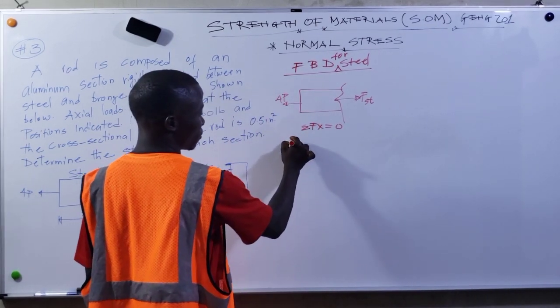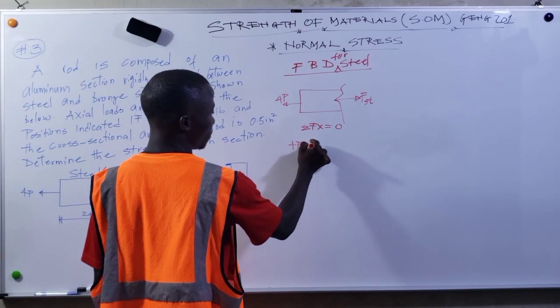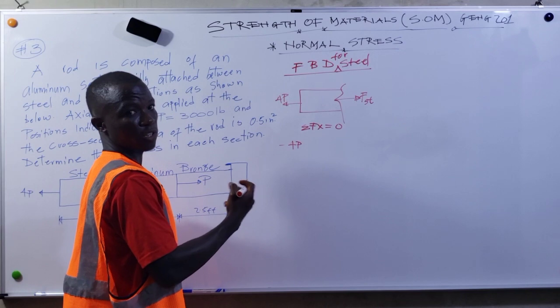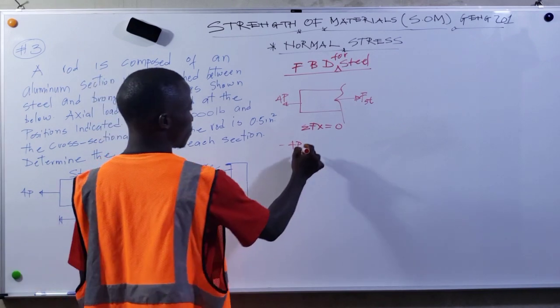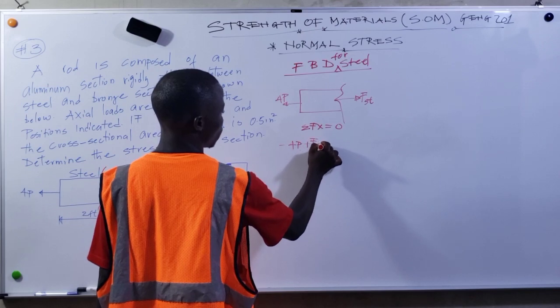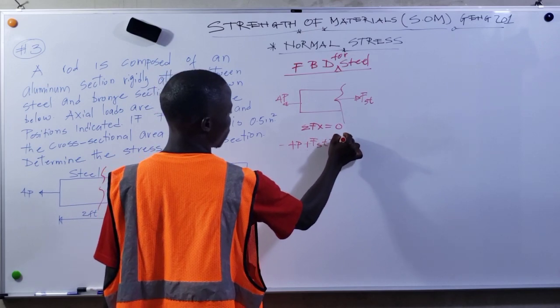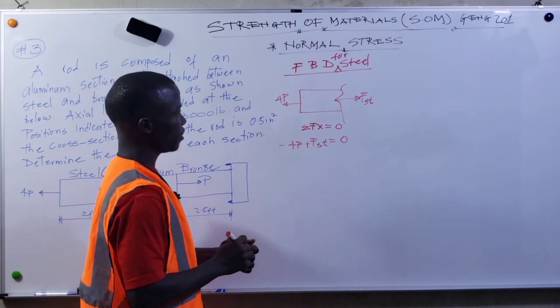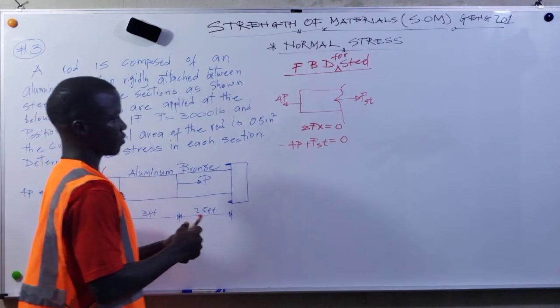So we have the first force, which is 4P, negative because it is acting in the negative direction, plus the force in the steel is equal to 0. But we know that P is equal to 3,000 pounds.